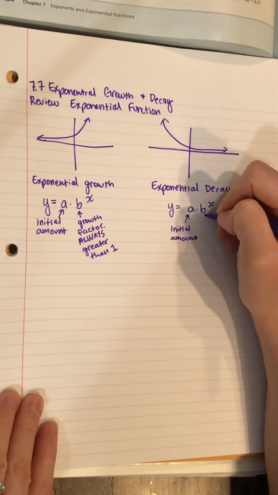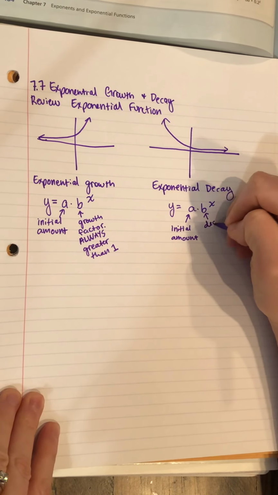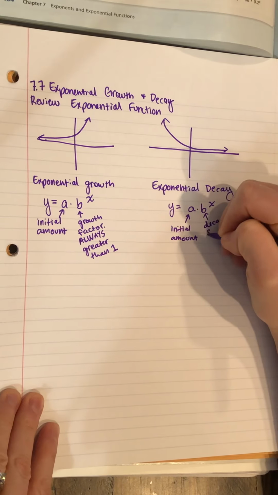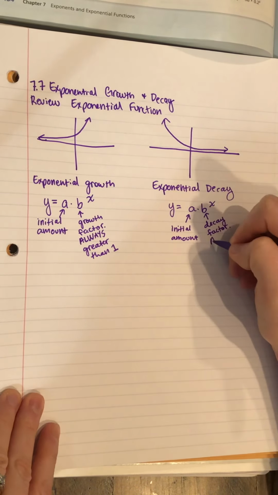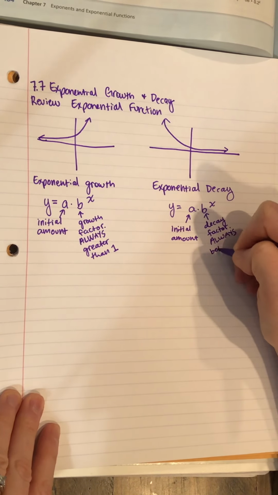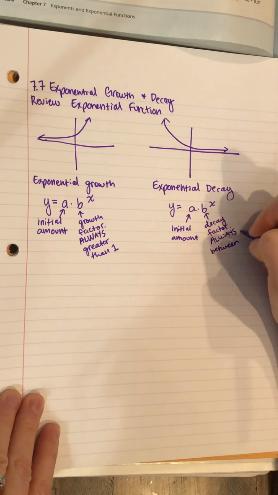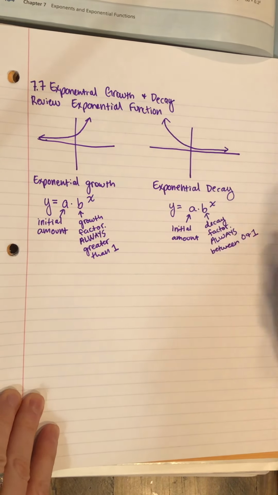Okay, and for exponential decay, we call this the decay factor. And in this case, it is always between 0 and 1, okay?